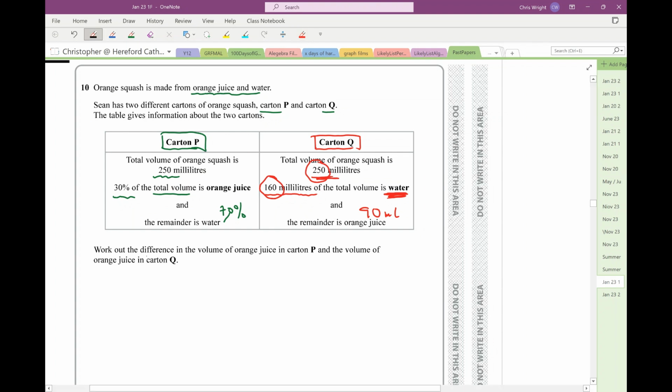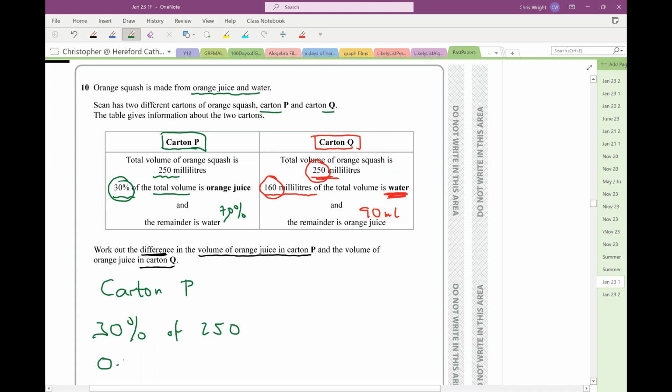Work out the difference in the volume of orange juice in carton P and the volume of orange juice in carton Q. So let's look at carton P. What is the volume of orange juice? Well, it's 30% of the total, so it's 30% of 250. On my calculator, I'm going to do 0.3 times 250.